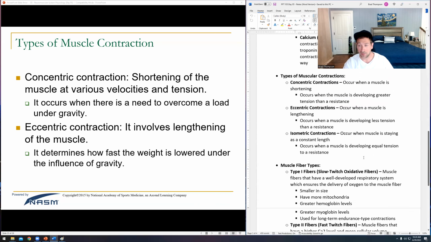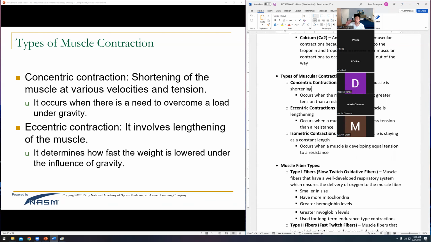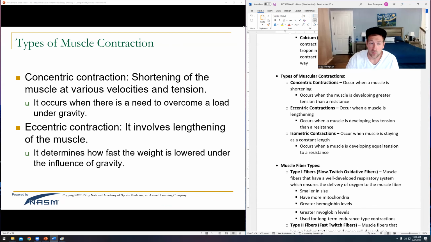The next thing we have to look at is, when we're creating these contractions, the level of strength occurring in them. There are different types of contractions out there, in two major categories. We are either going to see contractions that create movement, or contractions that stabilize and don't create movement or resist movement.